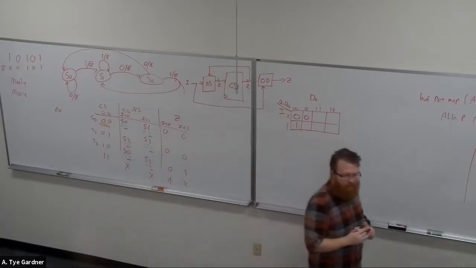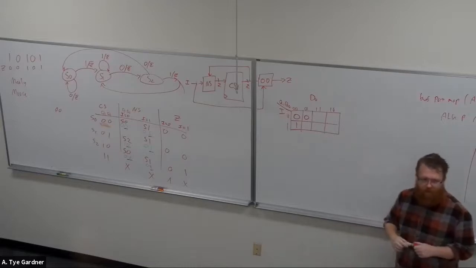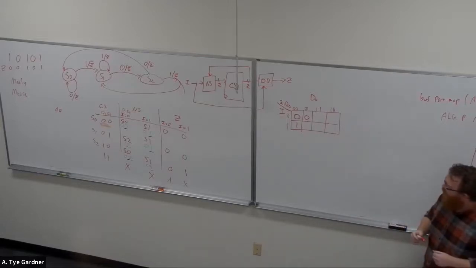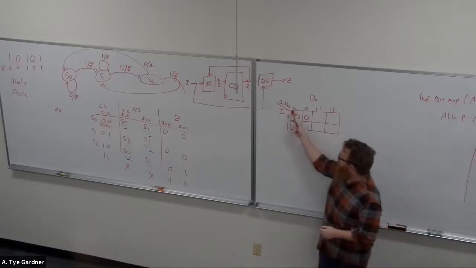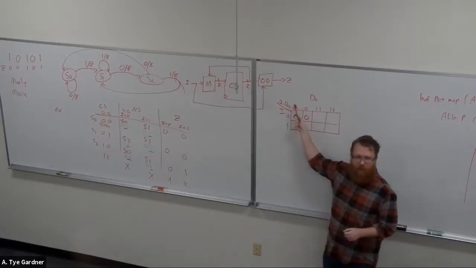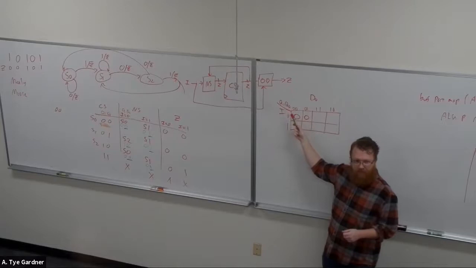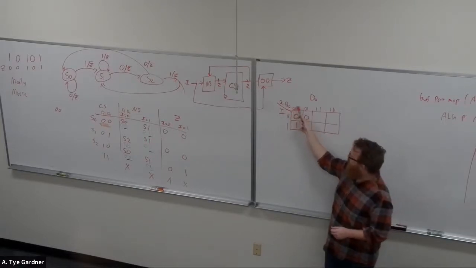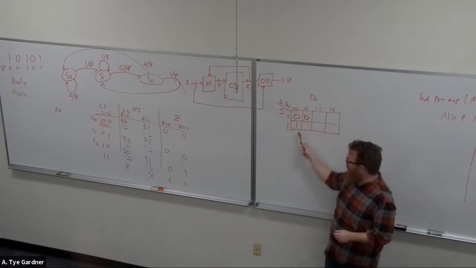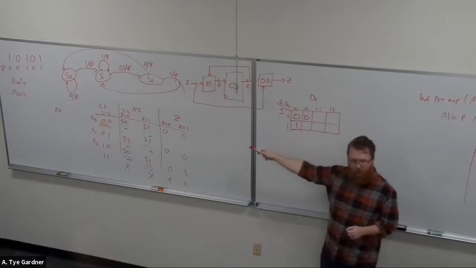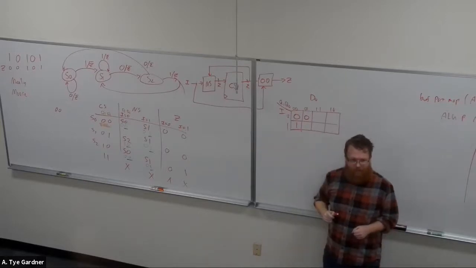Yeah. So it's kind of backwards when you read it on the K-map, like 0, 1, and you go to I0 instead of 0, 0. Well, yeah, so you need to keep track that this is my 0, 0 of my current state. So each column is a row of the table.